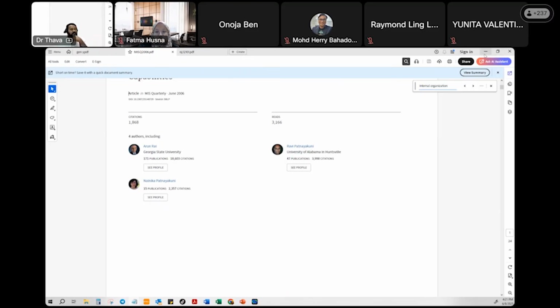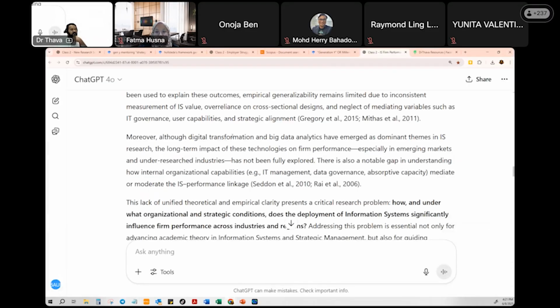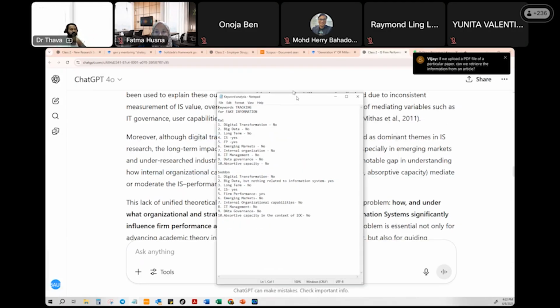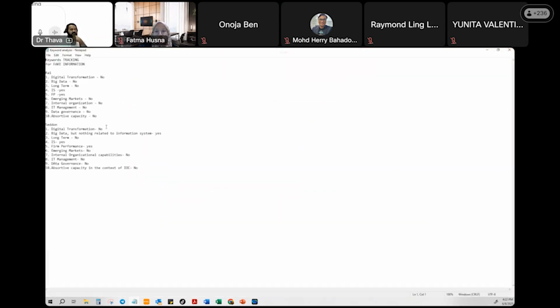Keywords from ChatGPT: digital transformation, big data analytics, information system, firm performance, internal organizational capabilities, IT management, data governance, absorptive capacity, it's all there. After my complete check, this is the final result of CCAT.